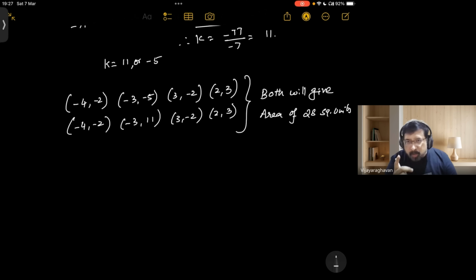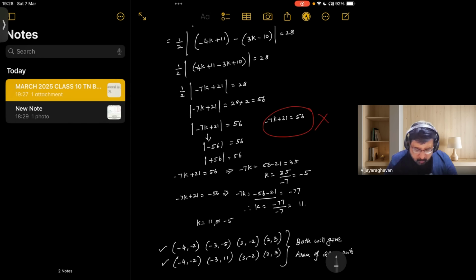So then how to find it is, just sketch a graph based on these two. Though both of them will give 28 square units, one will give you a quadrilateral, and another will give a self-intersecting quadrilateral, but that is out of the school syllabus. That will give you a figure which is not a quadrilateral. So let me show that to you.